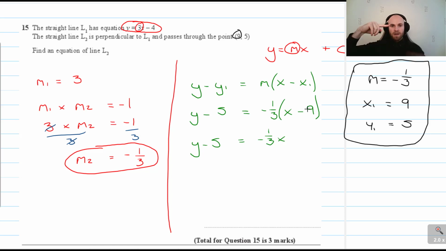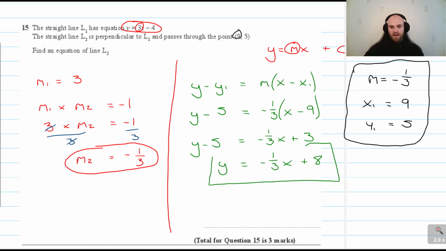A minus multiplied by a minus becomes a plus, so it's plus 3. Then I want to get rid of this minus 5, so I add 5 to both sides, which gives us minus 1 over 3x plus 8. And that is the answer for this question.